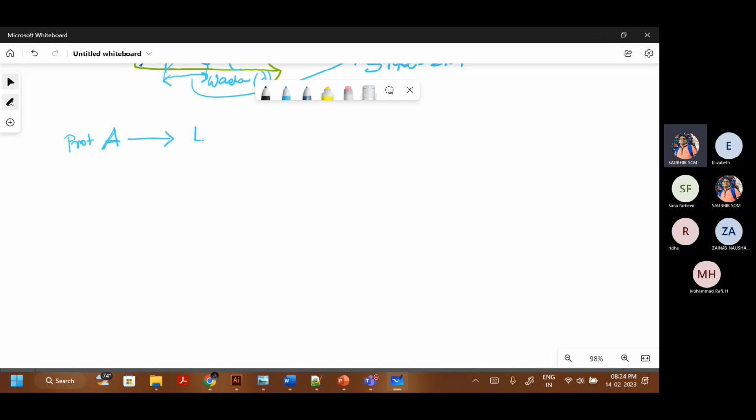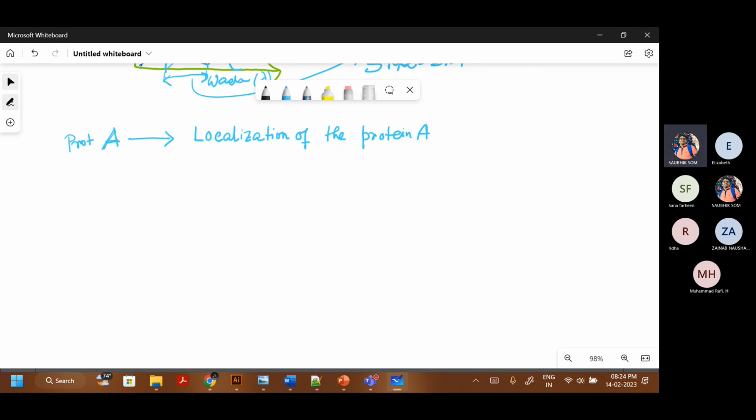So I want to know the localization of protein A. Now, how do I do that?